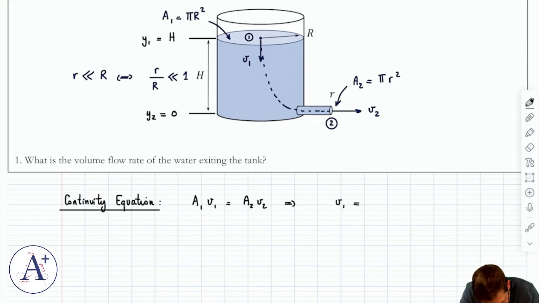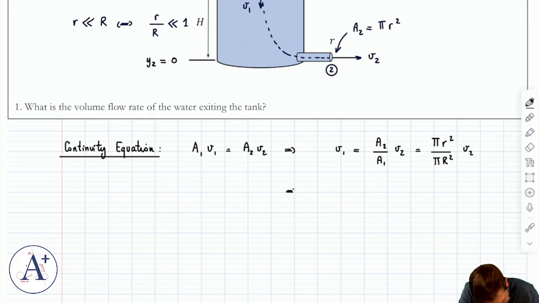V1 is going to be A2 over A1 V2, which is pi little r squared over pi big R squared V2.